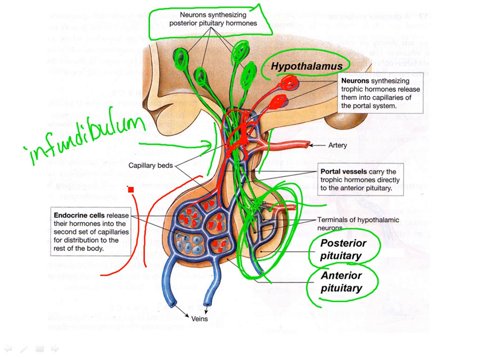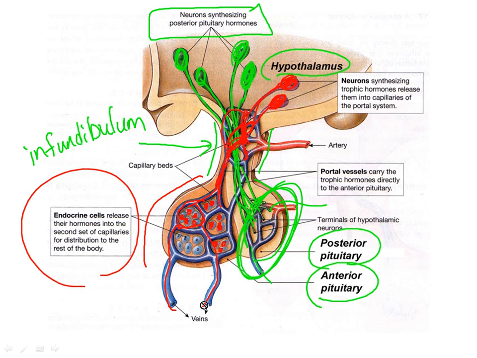Okay, so these cells are endocrine cells because they make and secrete hormones. Okay, so these hormones that come down through the bloodstream are going to tell these endocrine cells, secrete your hormones, and they do so into the bloodstream where they travel out to other targets.